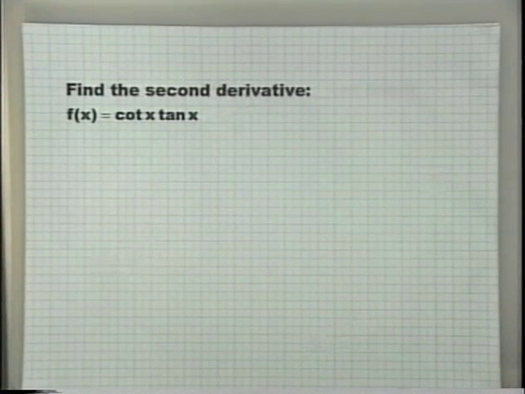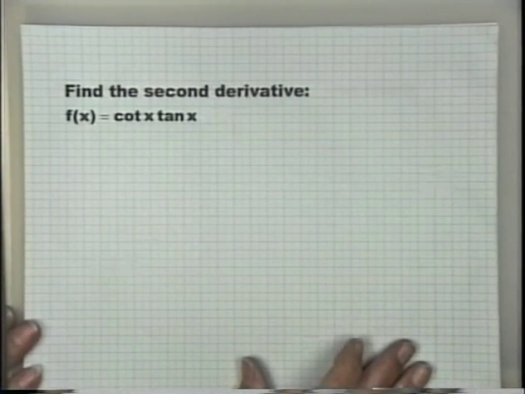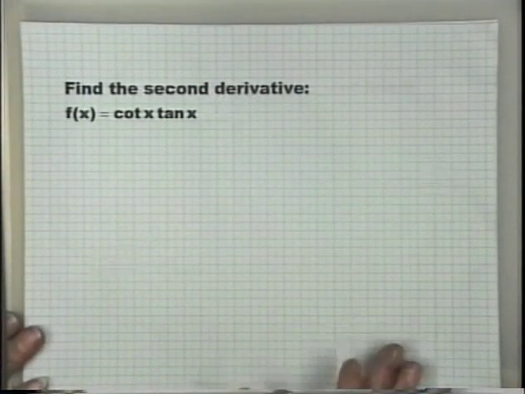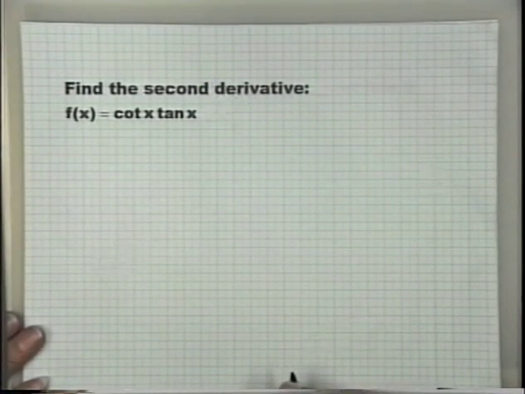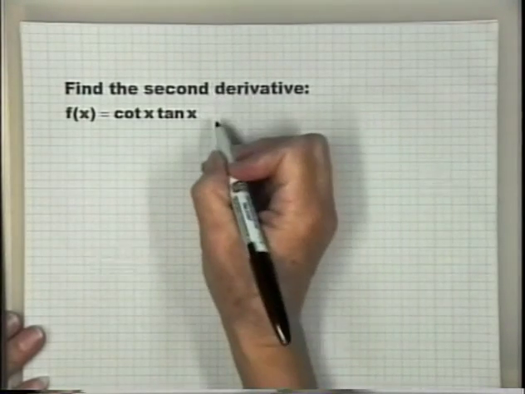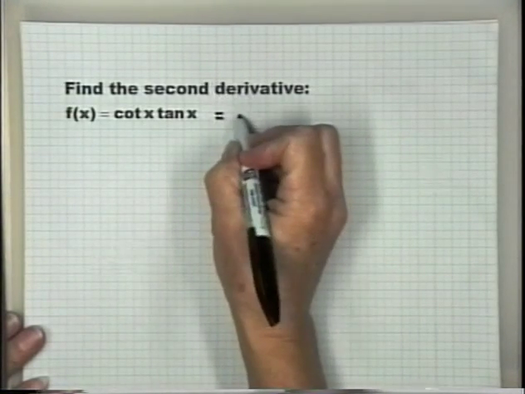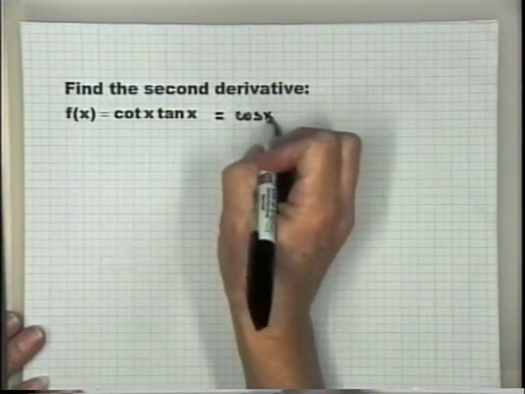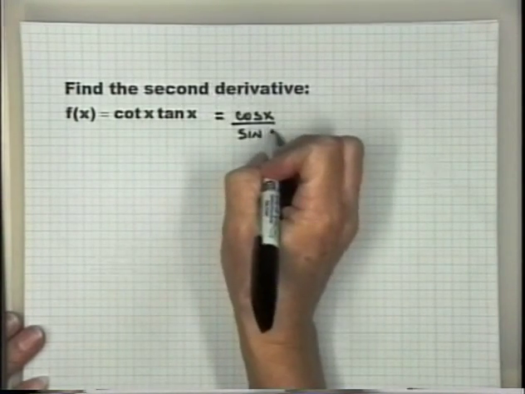Let's find the second derivative, and we're given f of x equals cotangent x over tangent x. Now, that looks like we would have to do a product rule to get our first derivative. But before you go to a lot of work, I want to caution you on these trig functions. Sometimes you can save yourself a lot of work if you look at it ahead of time. Notice that the cotangent of x is cosine x over sine x.